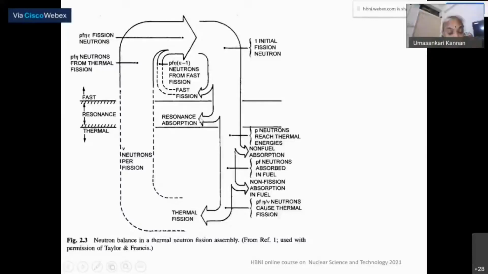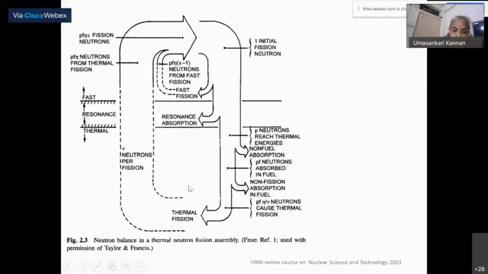Some of these are non-fissile captures, and then the neutron is lost from the system. If it is a fissile capture, then we get some absorption in the fuel, and then these neutrons become thermal again, because of further collisions with the moderating nuclei, and there they become thermal neutrons and again cause thermal fission in uranium-235.